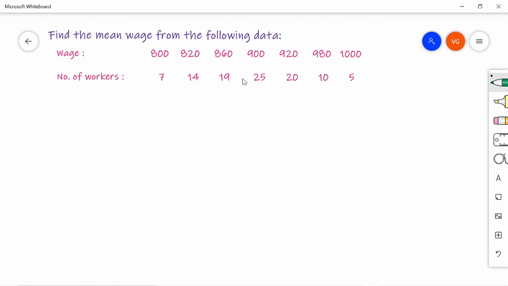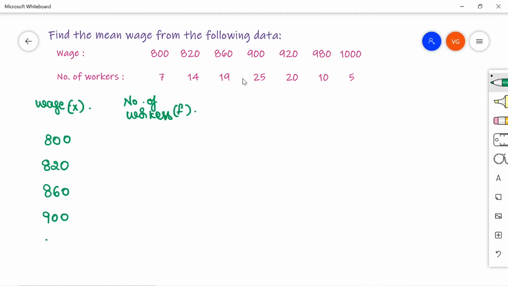The wages are nothing but the data points x. So I am writing my first column, wages, as x. Next is the number of workers, which is nothing but your frequency f. In the direct method, I am going to write all the data points here: 800, 820, 860, 900, 920, 980 and 1000.